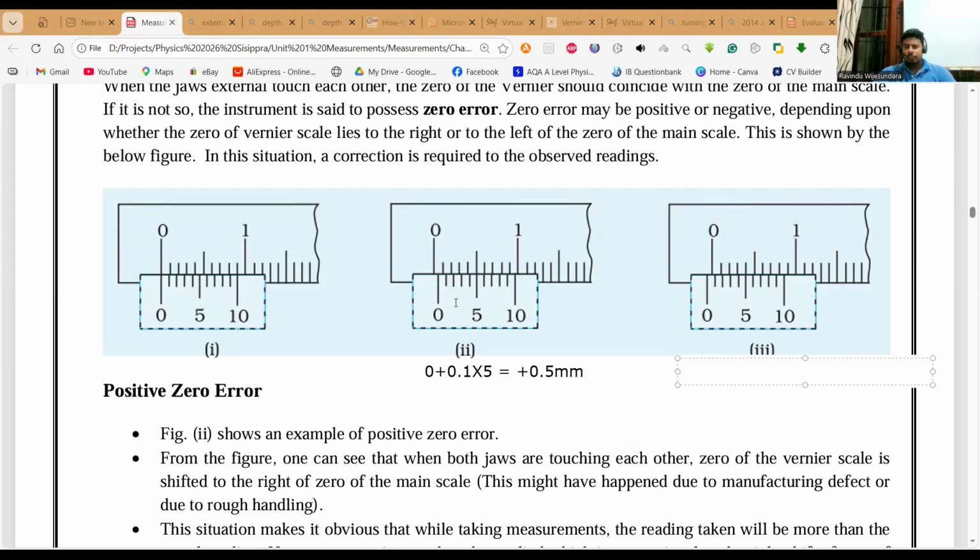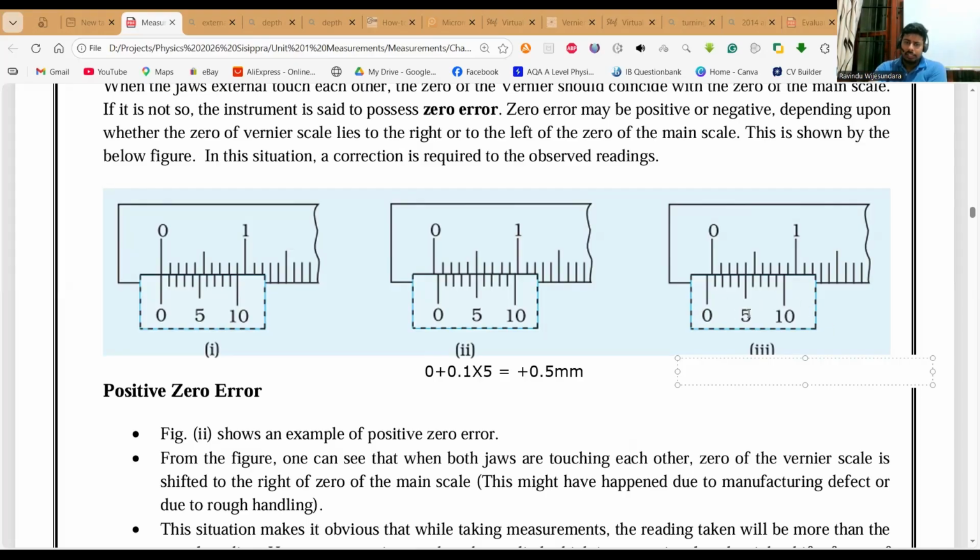When you are reading from left to right, you take this one as the zeroth mark and this one as the 10th mark. When you have a negative zero error, it is best to read from the back side. That means you take this one as 0 and this one as the 10th one. So you are reading the reverse way.